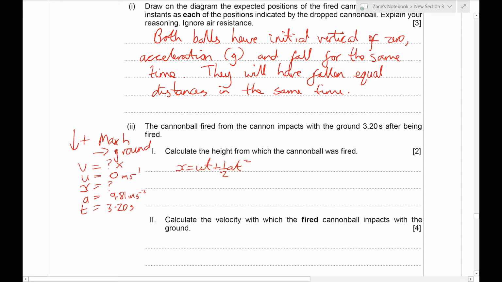Now here u is 0, so ut is 0. And this equation then will simplify to x equals a half at squared. So now we can just substitute in figures. Half times the acceleration of 9.81 times 3.2 squared. And let's see what that gives us on the calculator.